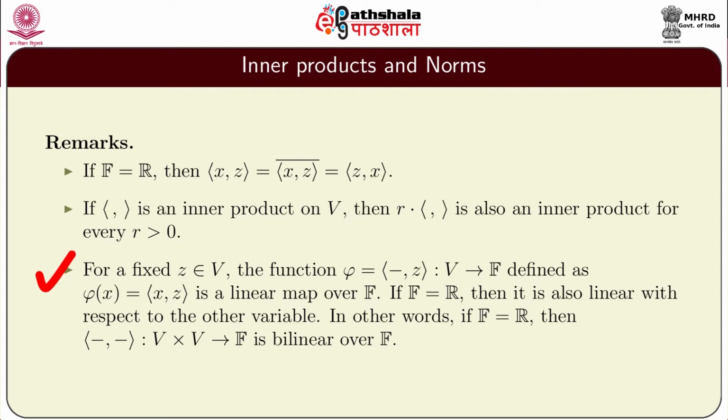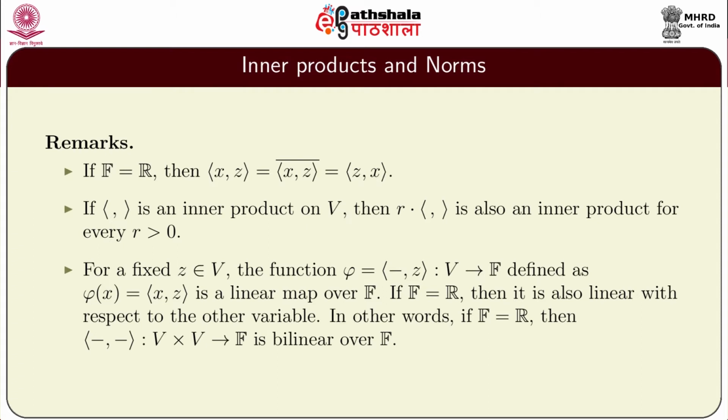And the third comment is that for a fixed z in V, the function phi given by inner product blank comma z, which is a function from V to F defined as phi of x equal to the inner product x comma z, is a linear map over the field F. So, if F is the field of real numbers, then it is also linear with respect to the other variable.